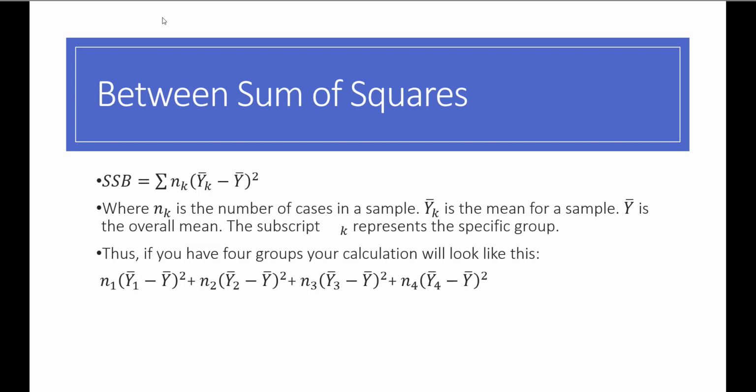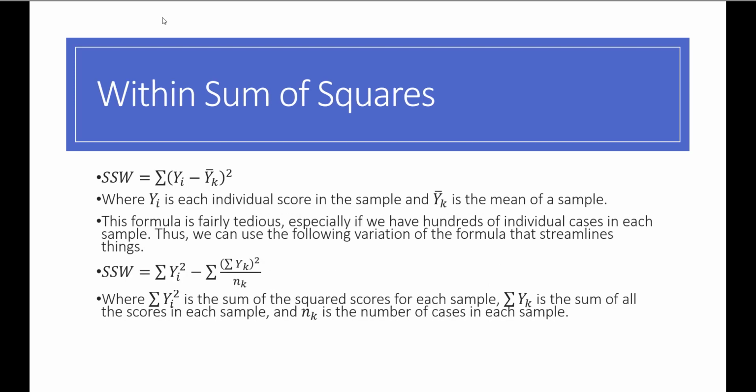Thus, if we have four groups or four values for our independent variable, we're going to have something that looks like the following: n1 times the mean of 1 minus the overall mean squared, plus n2 times the mean for our second category minus the overall mean squared, plus n3. You get the picture. And so if we have lots of categories of our independent variable, we can quickly end up with a lot of calculations we need to make.